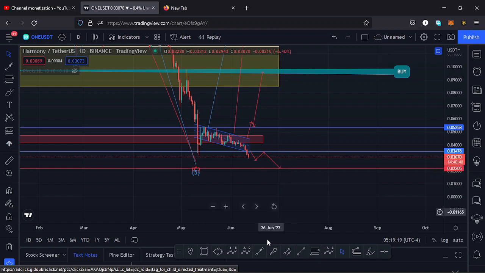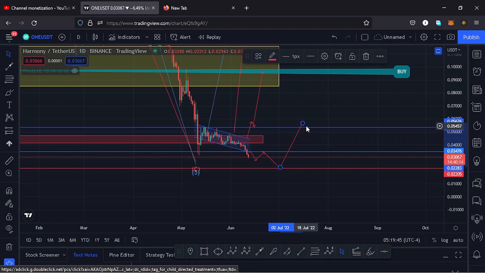And then from there we might find support on that area and then bounce back to the upper side and maybe break above this key area of resistance now around the $0.0347 mark. And once we break above that and maybe have a successful retest, we might go back to around the $0.05 mark in a short-term uptrend, and then from there maybe we can have a retest of that key area of resistance also, and then continue pushing higher.